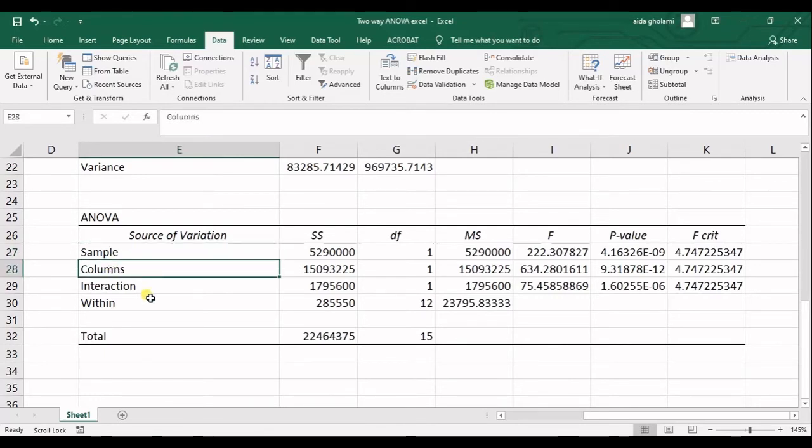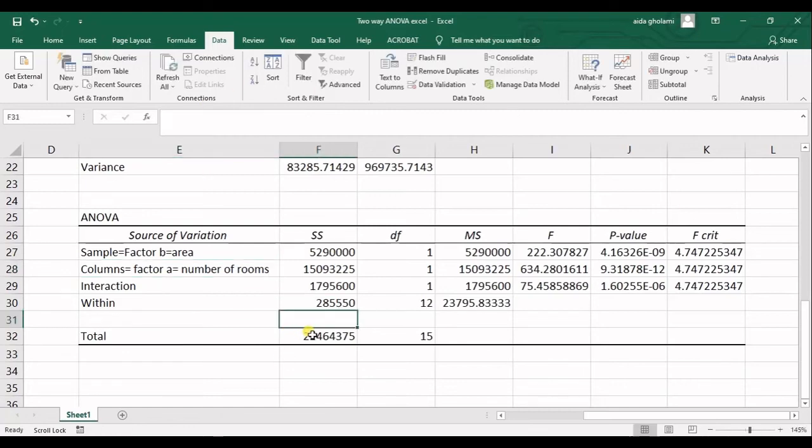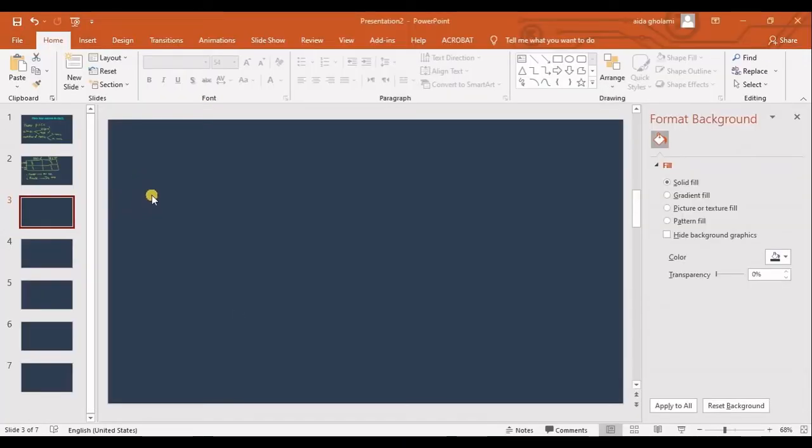Okay, so another way to interpret is, let's say columns is factor A, and then sample is factor B, which factor B is area and factor A is number of rooms. Okay, so let's get into here.